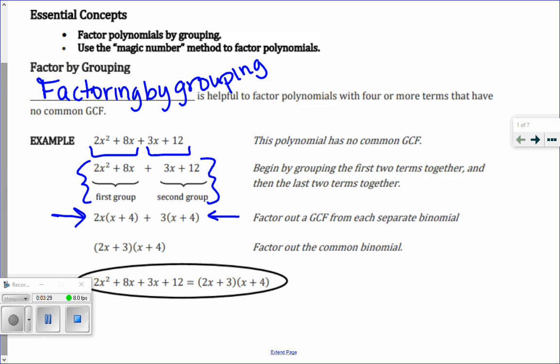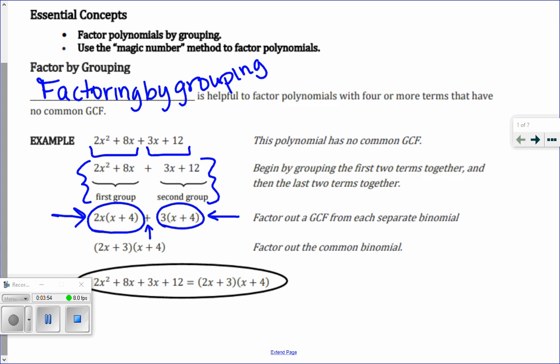We now have essentially this product right here plus that product right there. Now pay attention, because if you pay attention on this, the rest of it gets easier. Here's what's happening. I have the 2x times x plus 4, that product right there, plus 3 times that x plus 4.